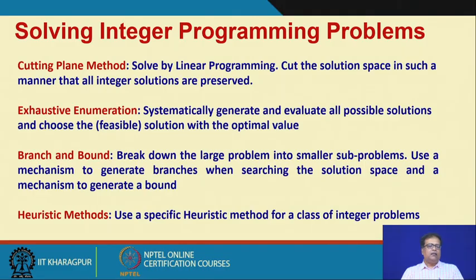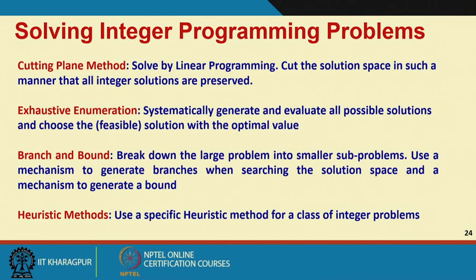The second method, exhaustive enumeration, is to systematically generate and evaluate all possible solutions and choose the solution with the optimum value, obviously among the feasible ones. The problem with exhaustive enumeration is that if you try to find all possible solutions of a given problem, the number could be very high.